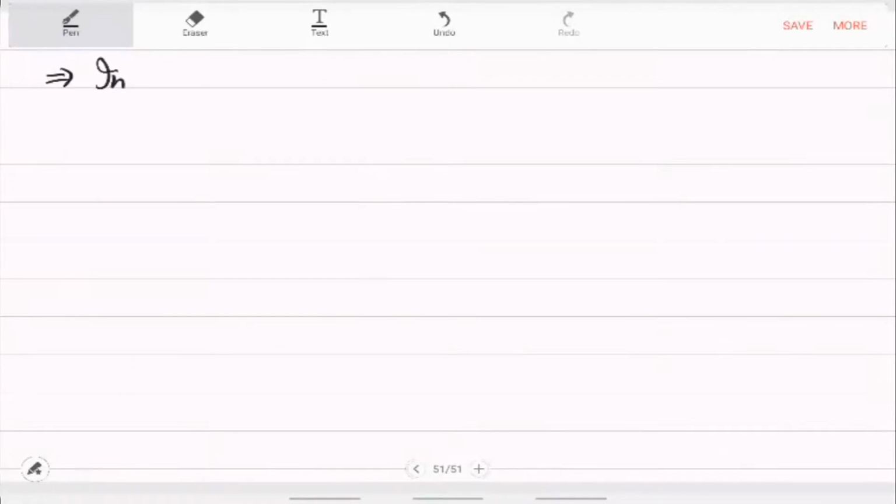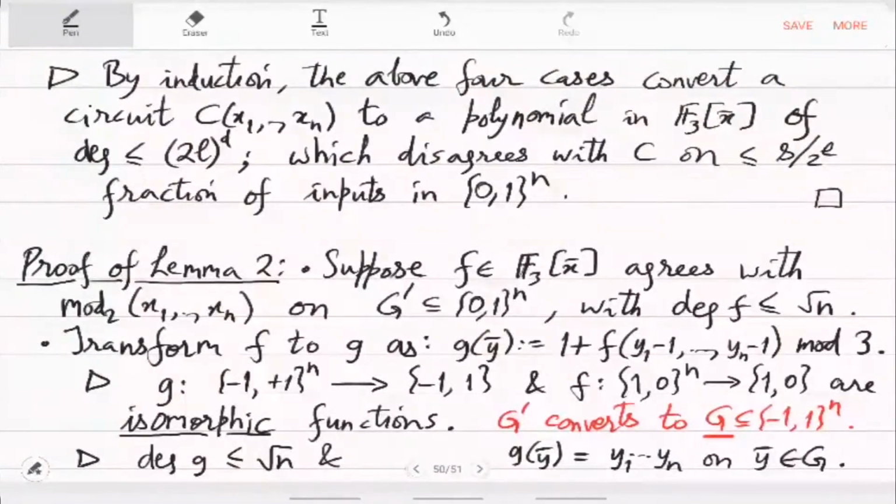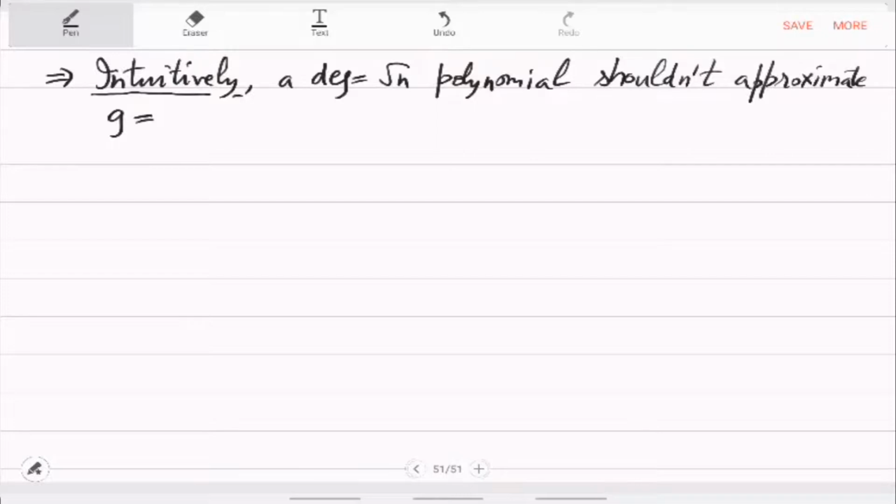So intuitively, a degree square root n polynomial shouldn't approximate this G polynomial, right.